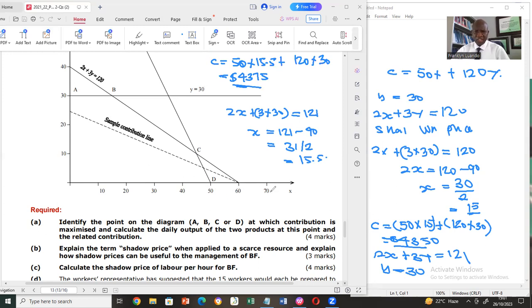The difference here is 4375 less 4350. Therefore, the shadow price is $25 per extra labor hour. That's what management will be prepared to pay as a premium. So we have answered the questions A, B, C, based on this question.